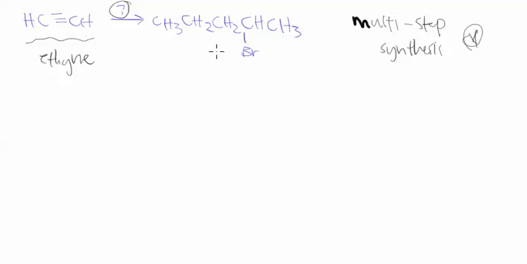Let's name this, just to review a little bit of IUPAC nomenclature. Our longest carbon chain is 1, 2, 3, 4, and 5. So this is a pentane because it's all single bonds across the board. Then I've got to give this bromo group a number. Do I number from the left or from the right? I'll number from the right because that's closest to the end.